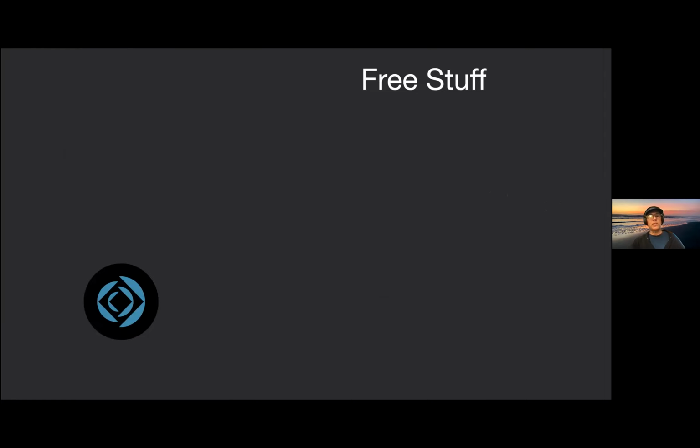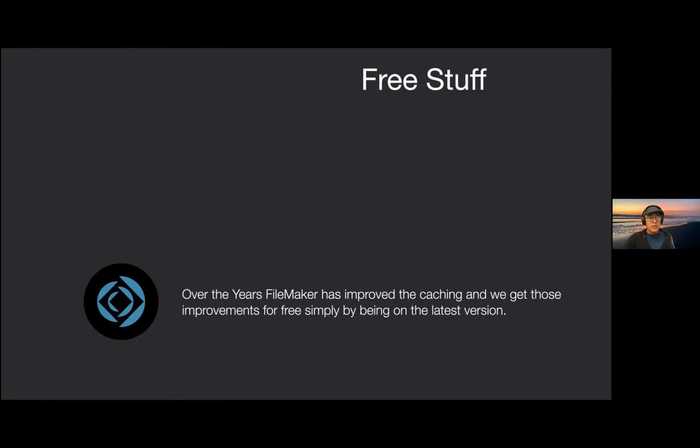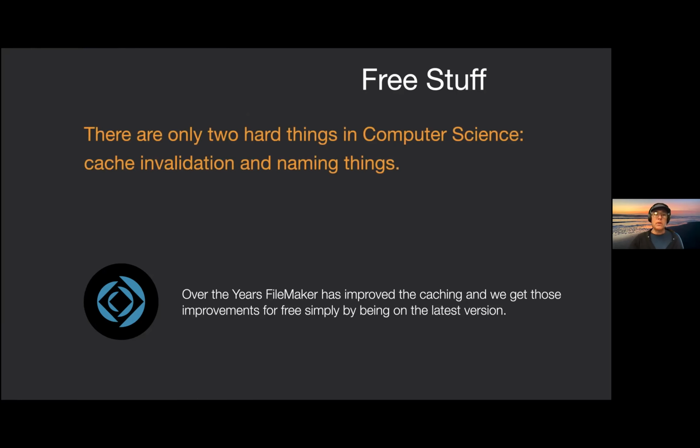On the topic of free stuff, over the years FileMaker has improved the caching, and we got those improvements for free simply by being on the latest version. I love this quote, which Robert quoted in one of his presentations: there are only two hard things in computer science: cache invalidation and naming things.